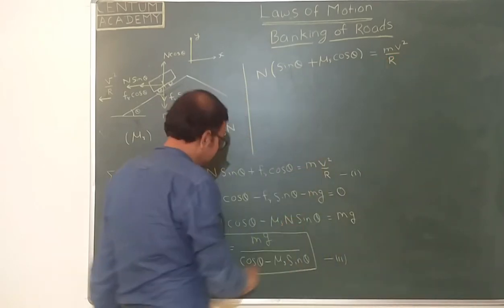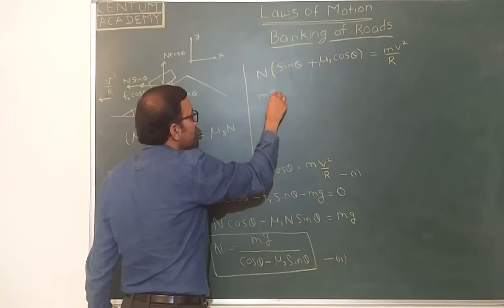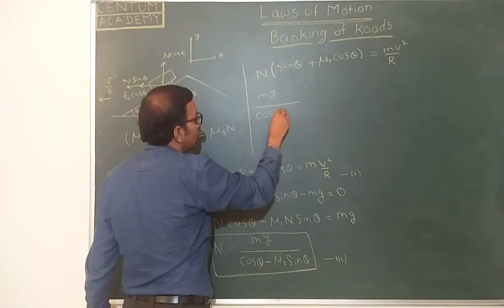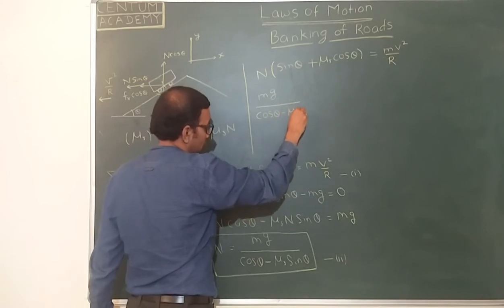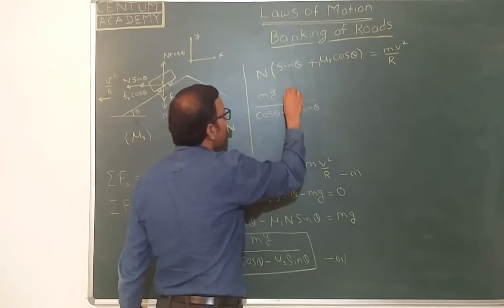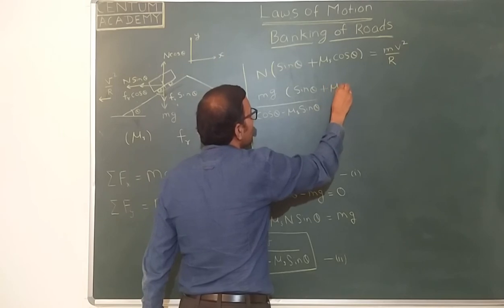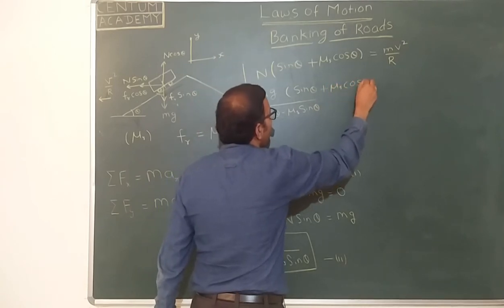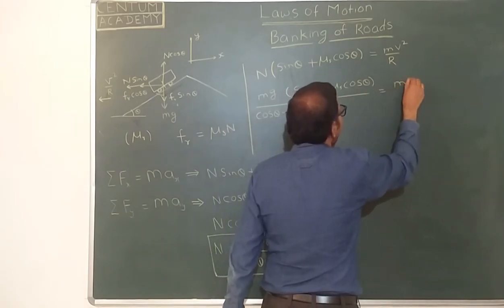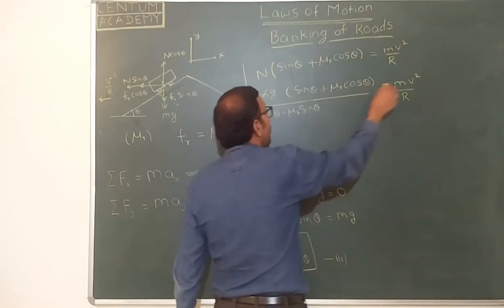Okay. Now when I substitute the value of n there, it will become this, right? So I can cancel out m.